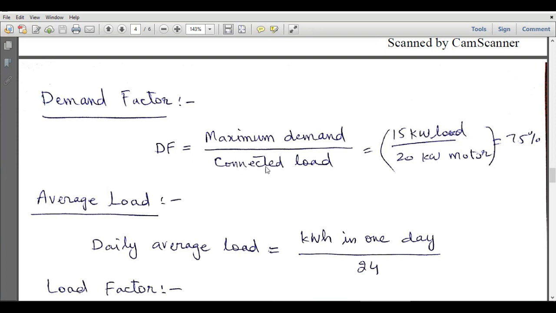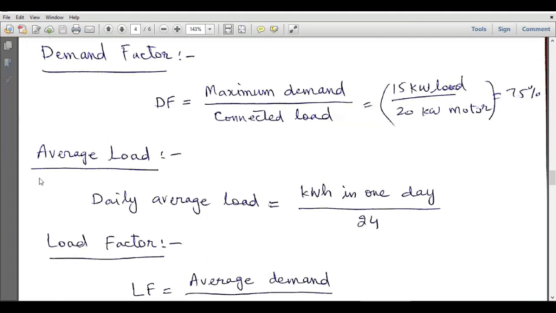So that is all the connected load in the house, but the only load which is operating actually corresponds to the maximum demand, but in the connected load, all the load which has been present in the house is called connected load. So the demand factor in this case will be 75%.